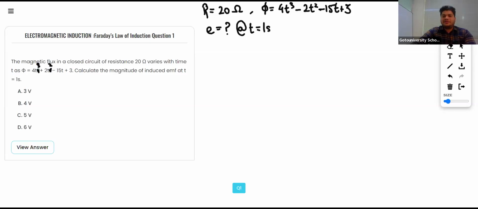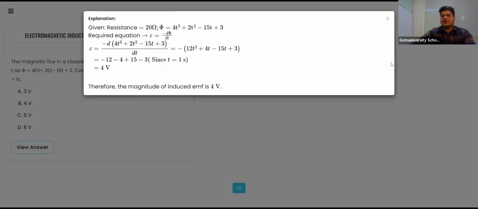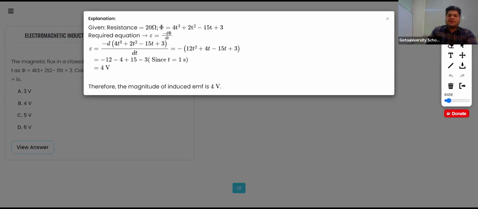Anyone comes up with the right answer? Okay, this is the solution for that. I hope you can see the explanation on the screen. Please let me know if you are able to see the solution.